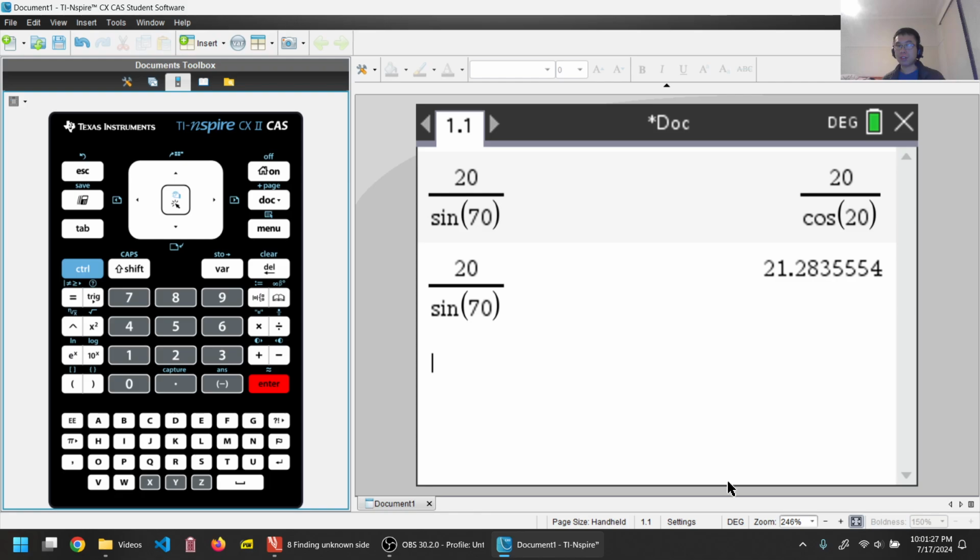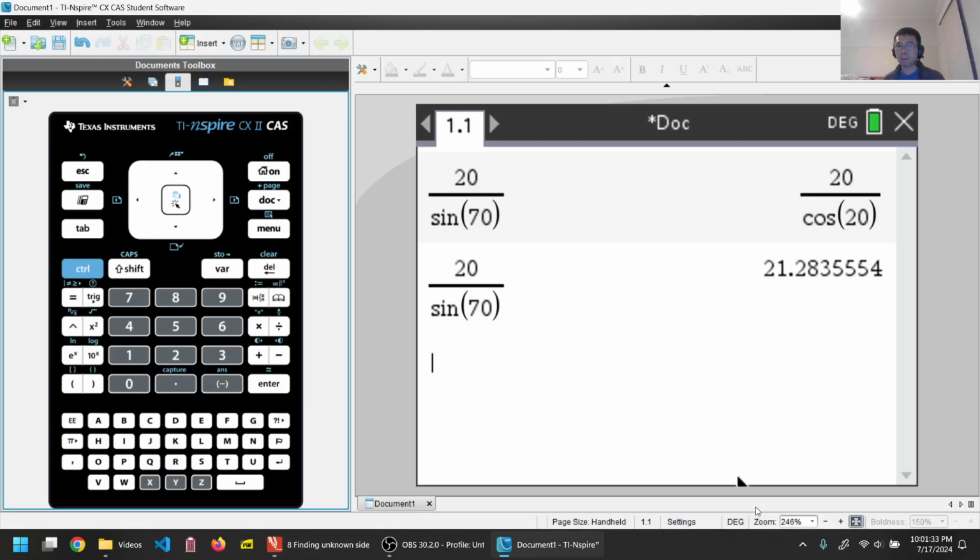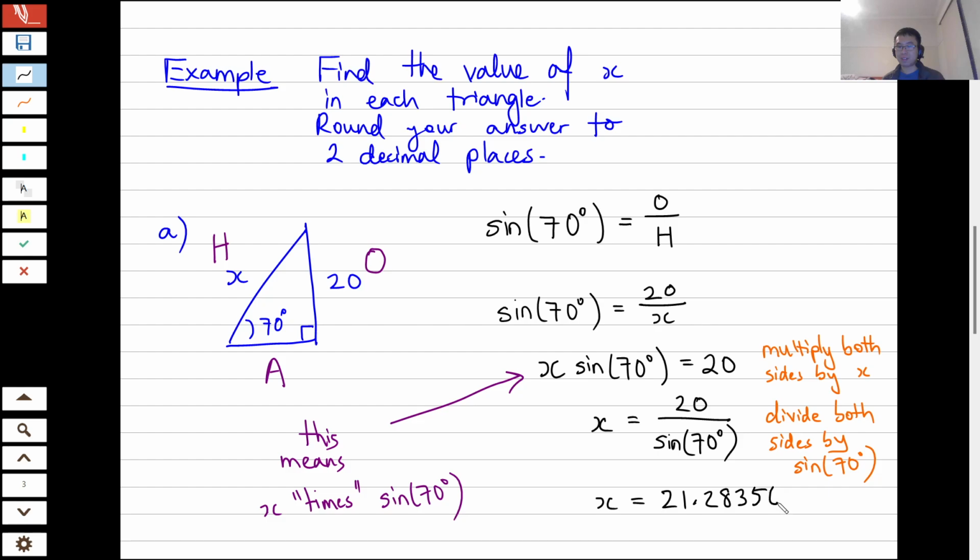So I get 21.28356, and that goes on forever. And if I round this to 2 decimal places, I get 21.28. And we're done.